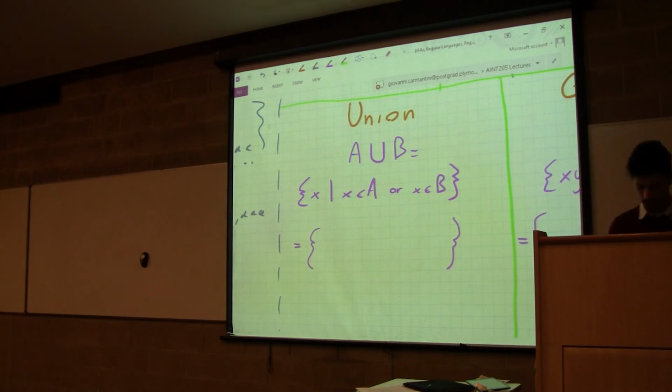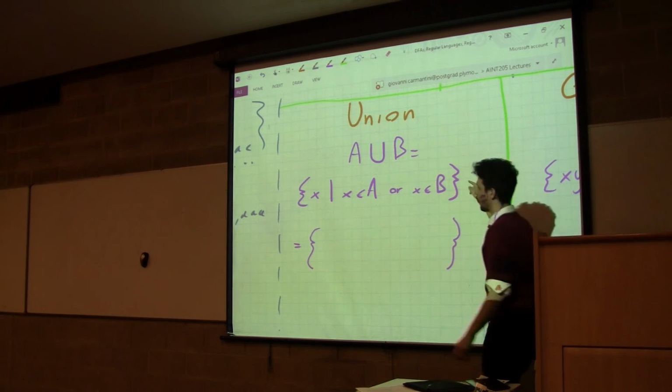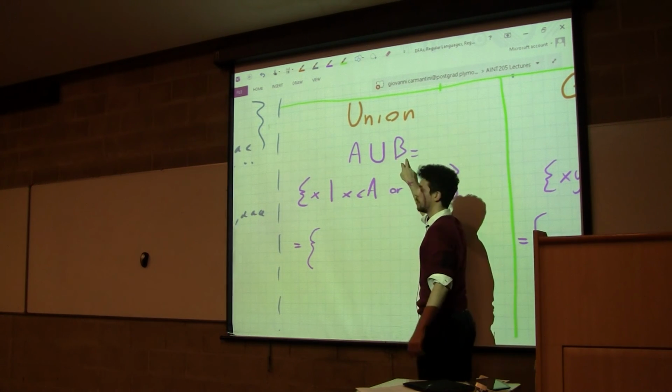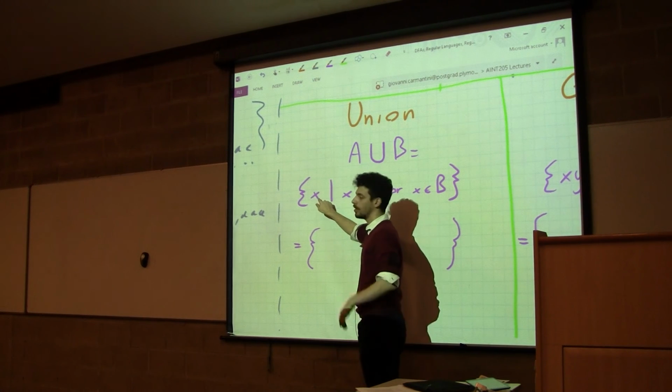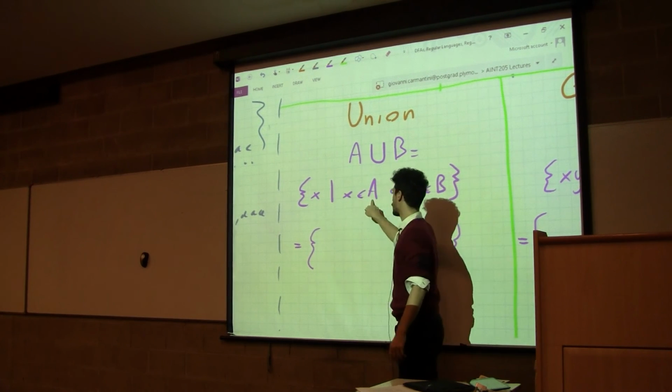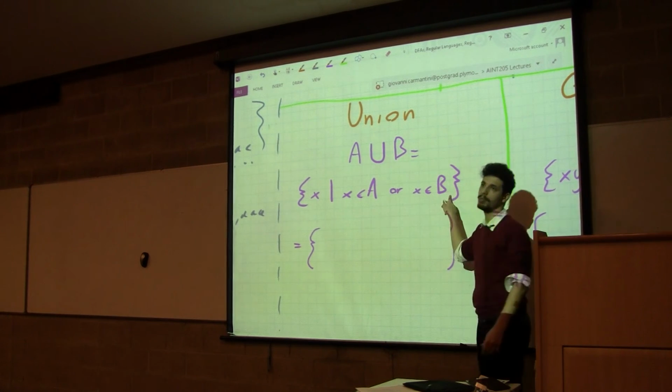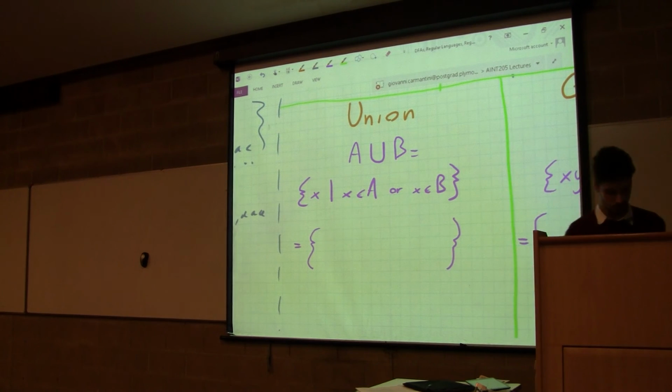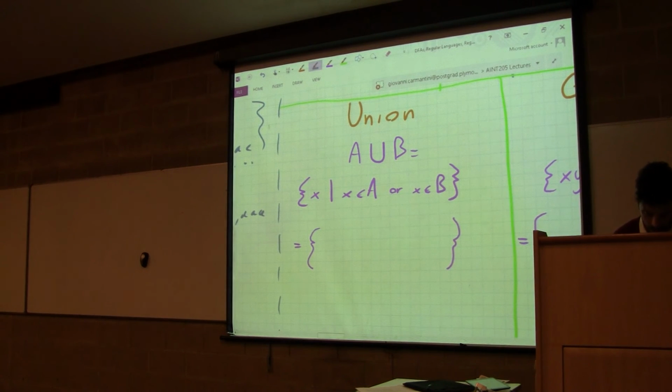This is the definition of A union B: each element belongs either to A or to B. So in our case it would be A, B, 0, 1. Is that clear? I think it is.